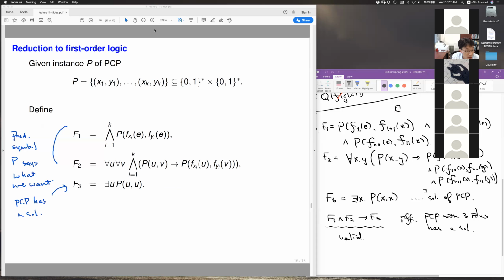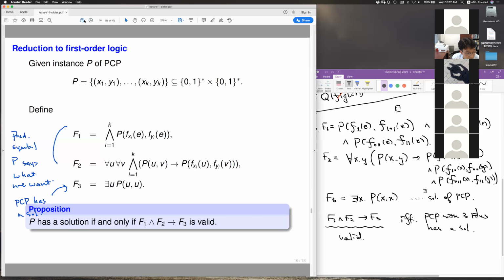Once you have this type of encoding, you can see the following proposition: P has a solution if and only if F1 and F2 implies F3. This formula is valid.